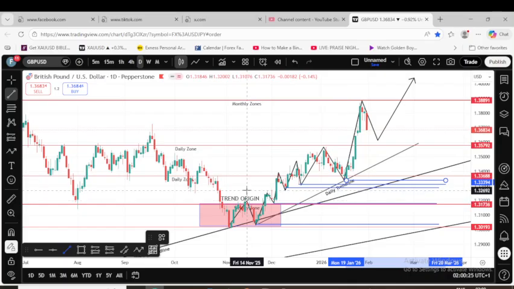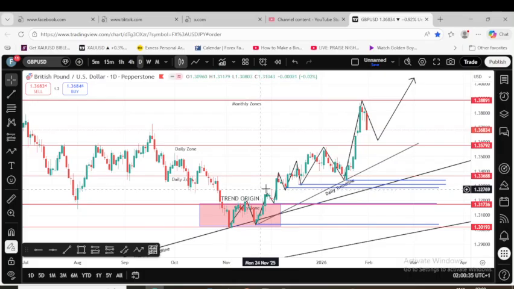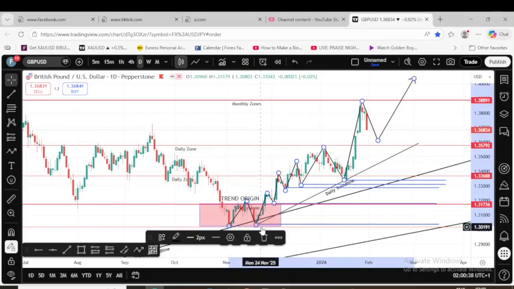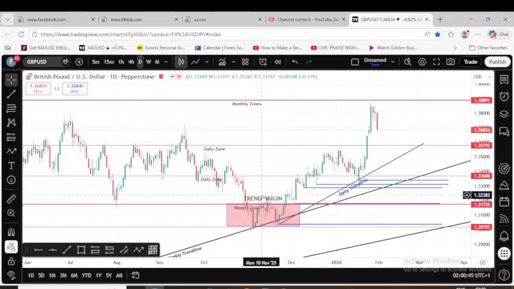So I've marked all these blue lines as my higher lows, which is the point where price switches from correctional move to an impulsive move. We should also identify our higher highs, but since we're already saying that price is in a correctional move, let's focus on the higher lows.